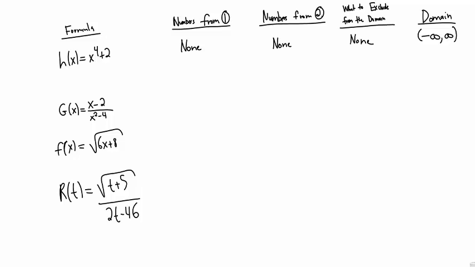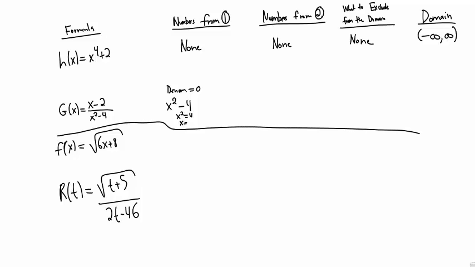The second formula, x minus 2 over x squared minus 4. This does have a denominator in it. So to find the values of x that make the denominator 0, simply set the denominator as it is equal to 0 and solve for x. So we get two numbers, plus 2 and minus 2.